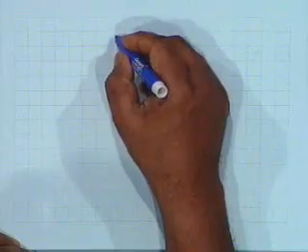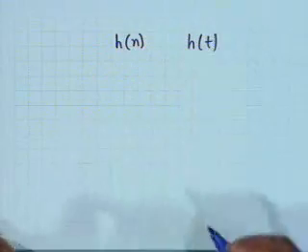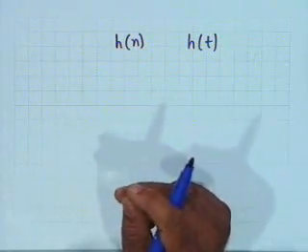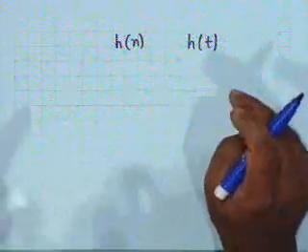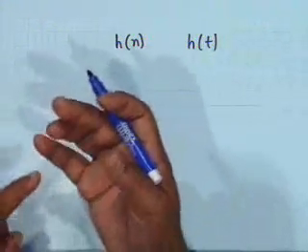Then we consider the question of step response. We have shown that the unit impulse response h of n, or h of t of a continuous time system, are sufficient characterizations of the system. They show whether the system is invertible or not, whether it is linear or not, whether it is time invariant or not, whether it has memory or is memoryless, and finally we have also seen stability.